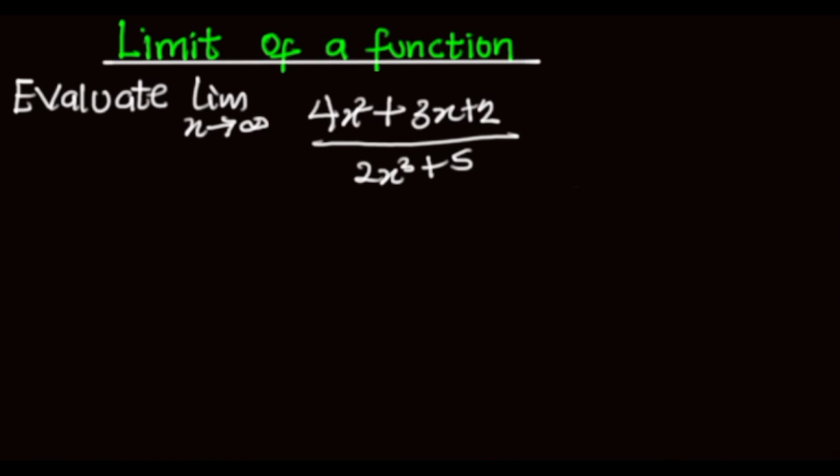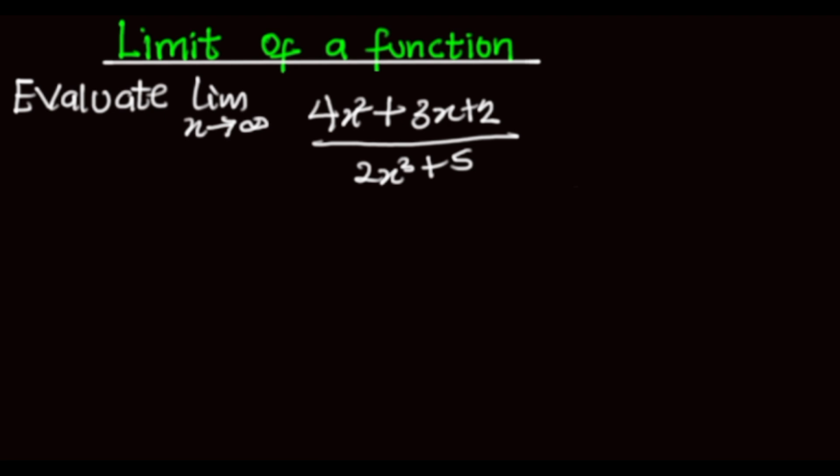Let's take a look at another question I'm having here. It says evaluate the limit as x tends to infinity of 4x squared plus 3x plus 2 divided by 2x cubed plus 5. In this kind of situation, we are going to make use of direct substitution.